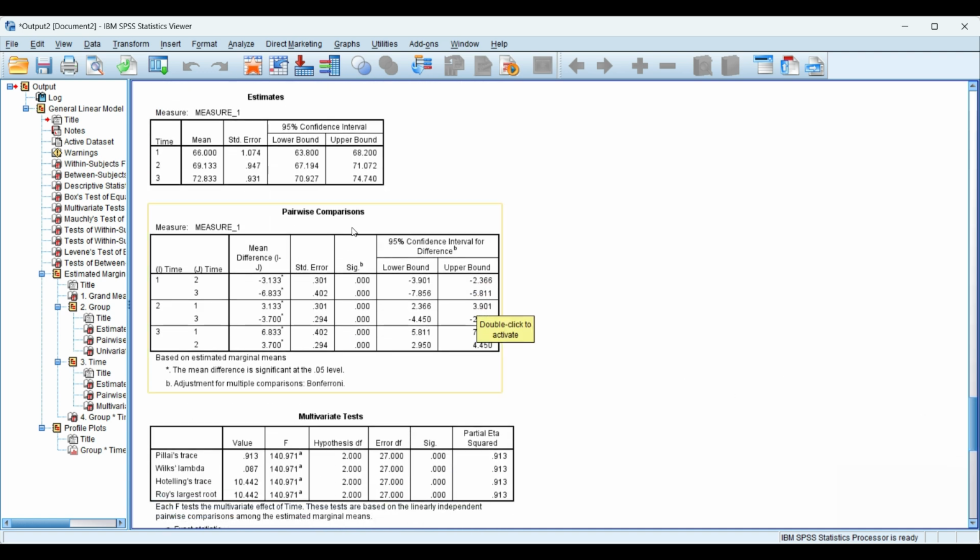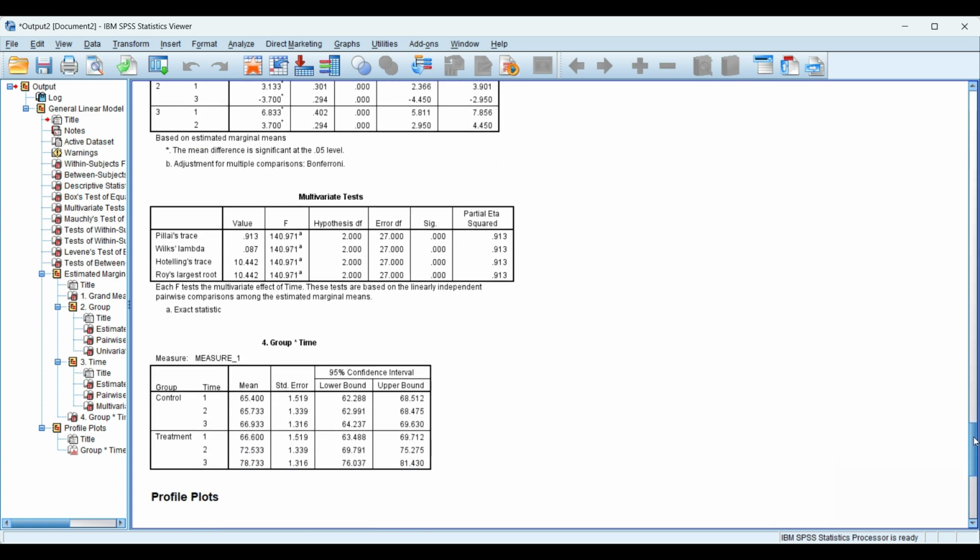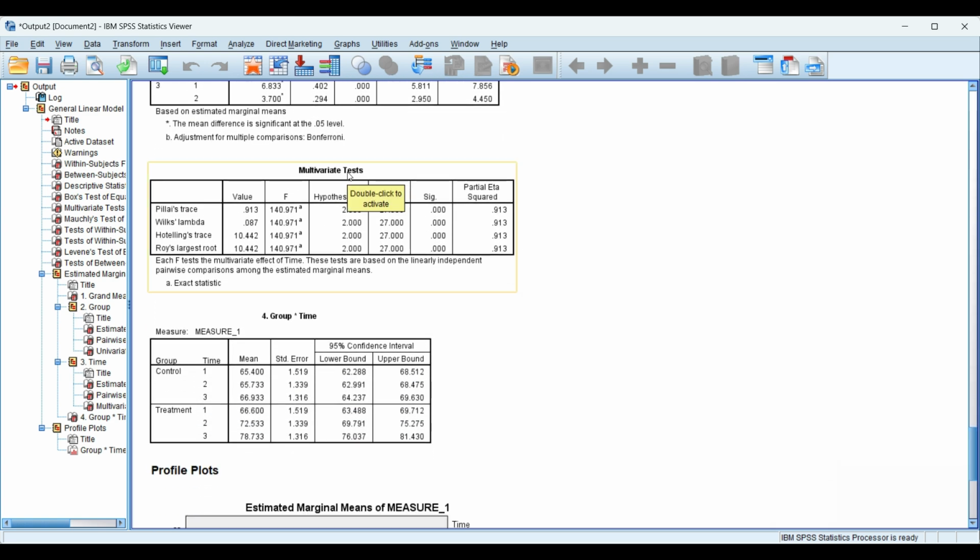In the pairwise comparison, you can see pre-test compared with week 2 and week 4 is significant, and week 2 with pre-test and week 4 is also significant. And week 4 with pre-test and week 2 is also significant, because the value of p is lower than 0.05 in all cases.